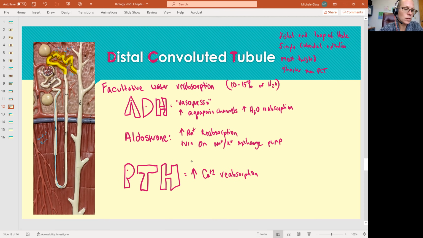And then we also see that the PTH is going to trigger the cells to release calcitriol, which we know is the active version of our vitamin D3. So we've talked about that as talking to the small intestine and being involved in absorption of calcium from our diet.